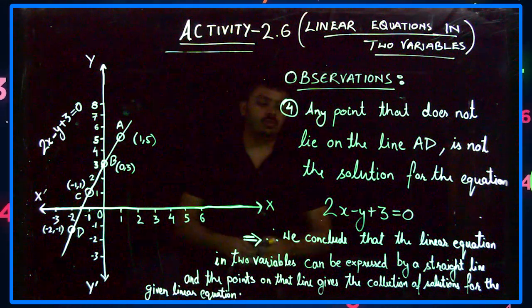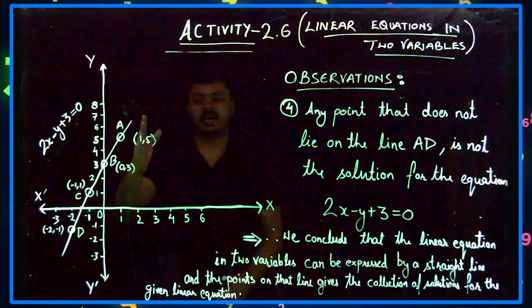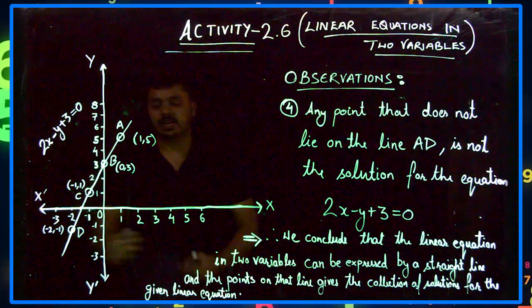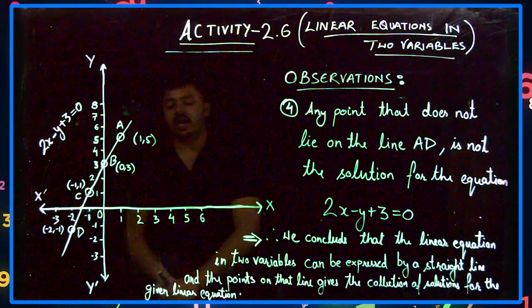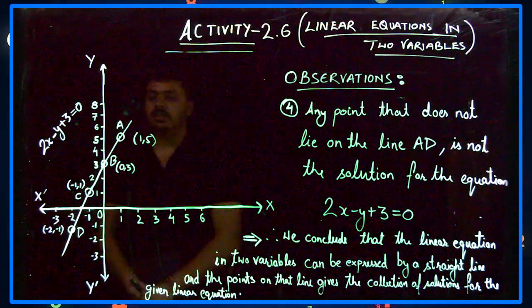So geometrically we express this equation as a straight line, and every point over that line is a collection of solutions for the given linear equations in two variables.